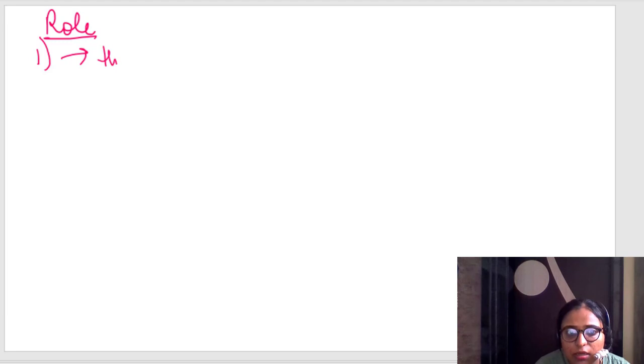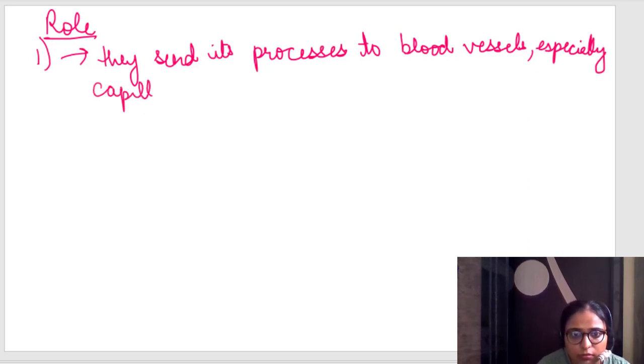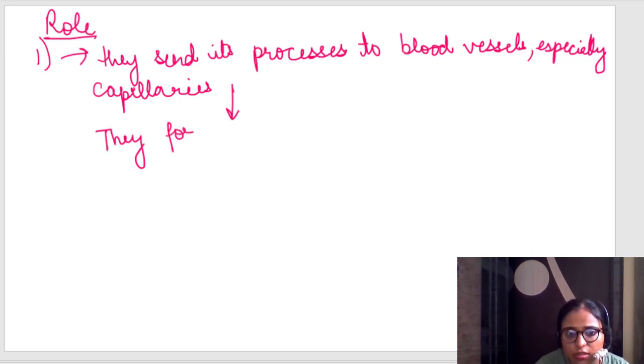What they do is send their processes to the blood vessels, and especially to the capillaries. By sending the processes, they form the tight junctions there.